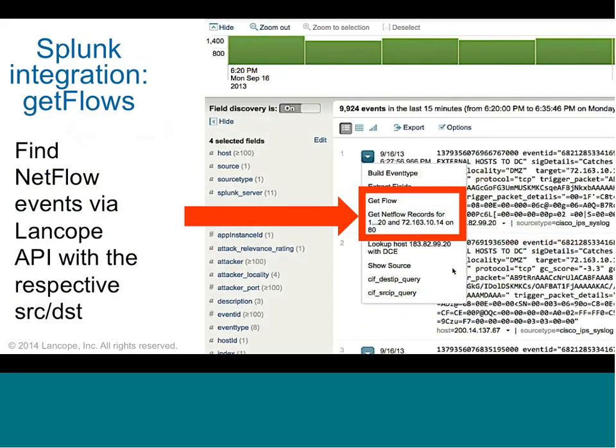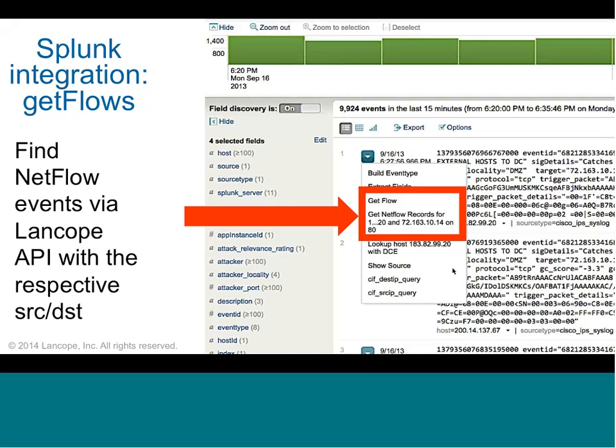Getting back to Splunk, as Mike mentioned, we use Splunk, and it's central to our workflow. The more that we can do within Splunk, the better off we are, and more people are going to use it. So one of the things that we developed internally, just using the API, is a workflow where you can take a look at any type of event within Splunk, and you can use this drop-down menu, and you can do a getFlow.